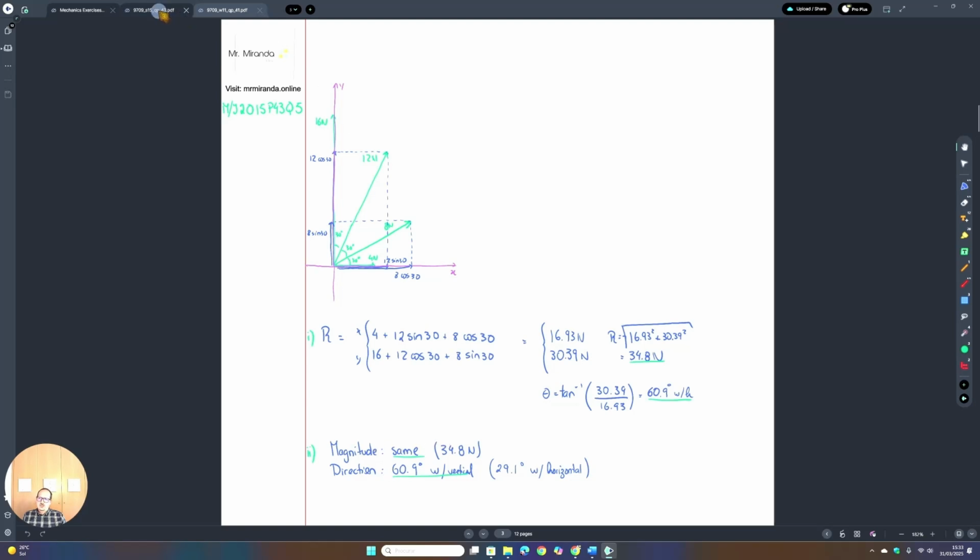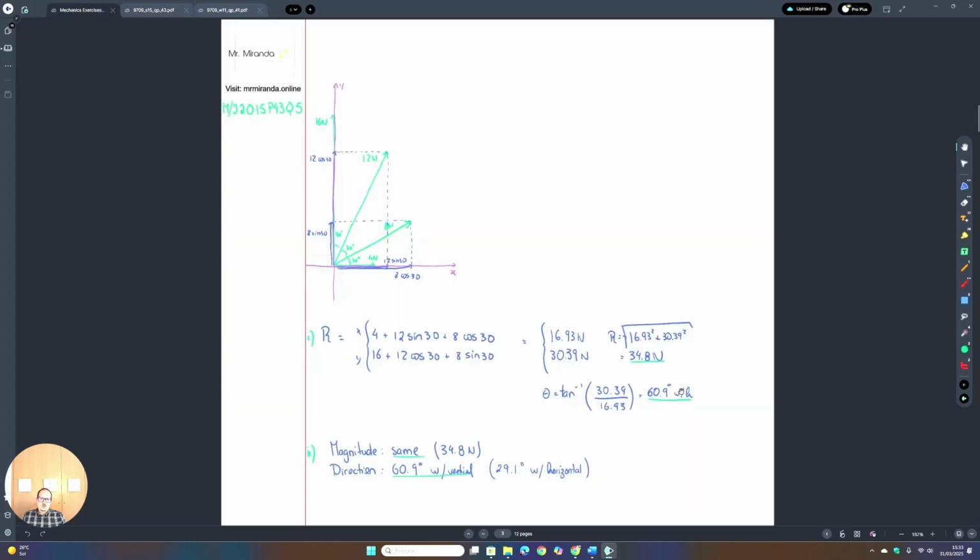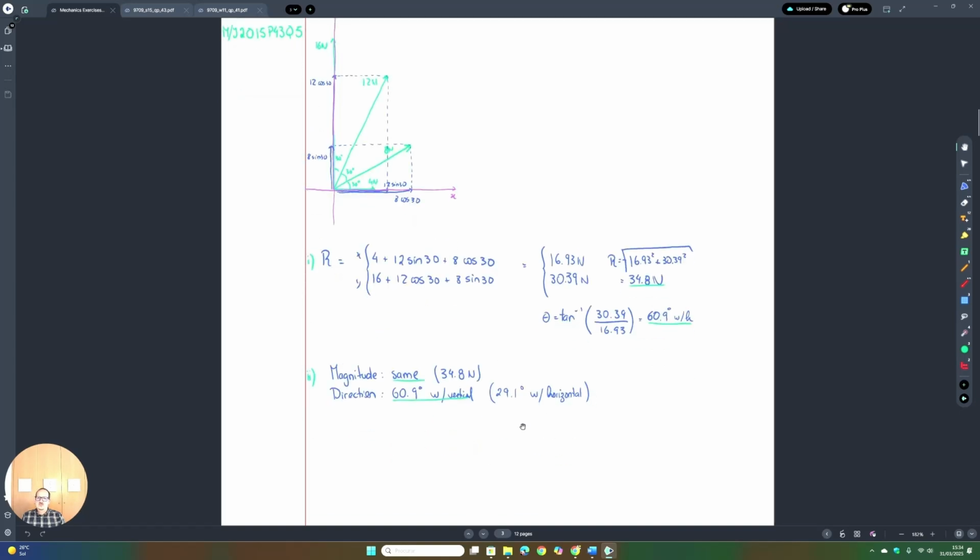What about the direction? If you flip this, the only thing that is going to happen is that the angle that you calculated before is not going to be with the horizontal anymore, it's going to be with the vertical. If you still want to put the angle in relation to the horizontal, then it's 90 minus that, which is 29.1 with the horizontal. Okay, that's why you have 2 marks, 1 for each one of these answers.